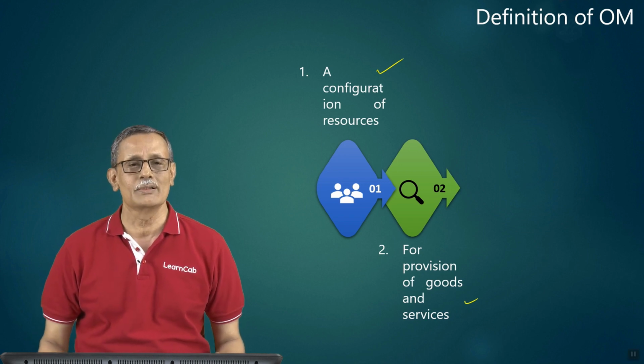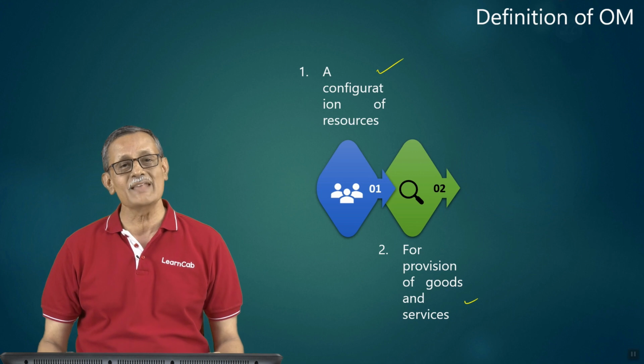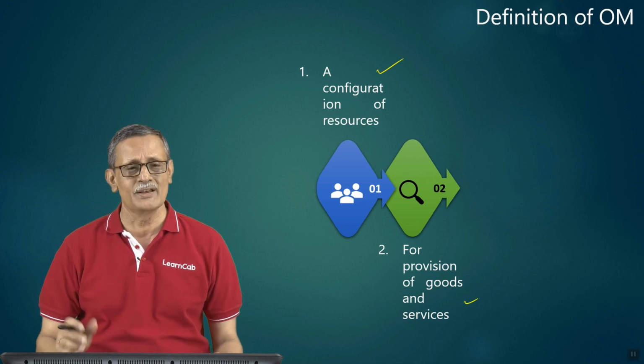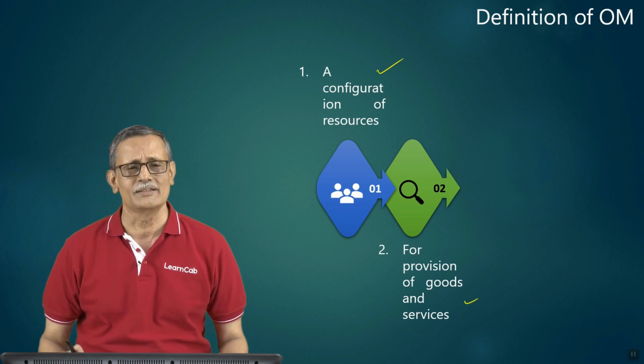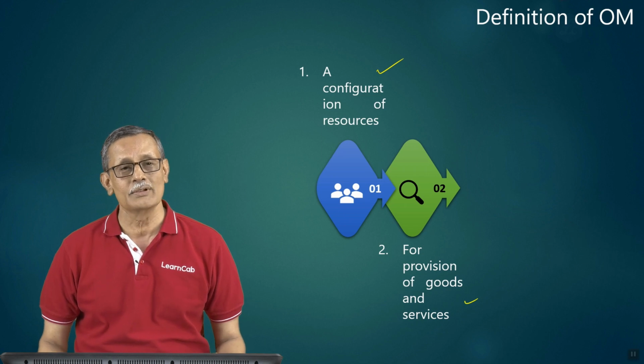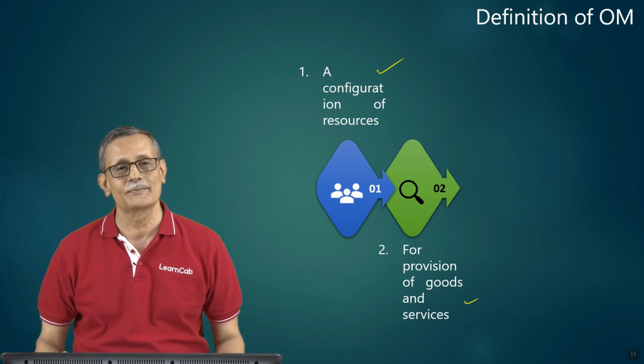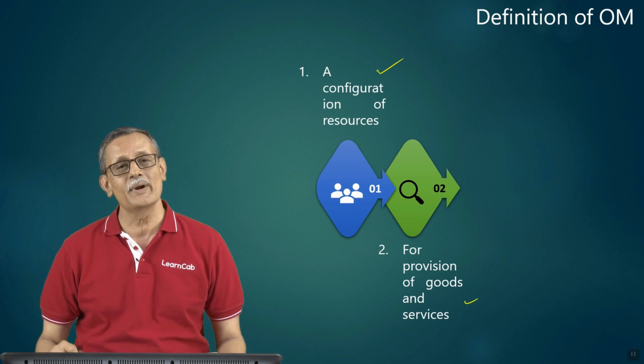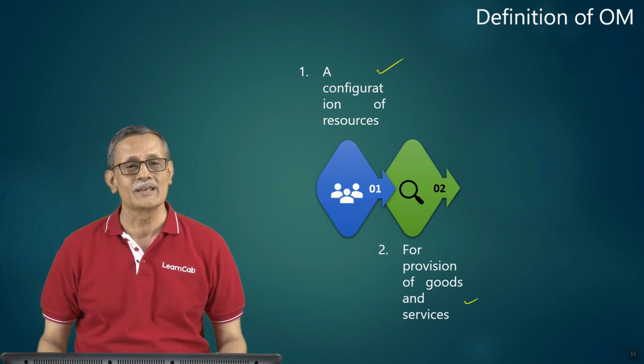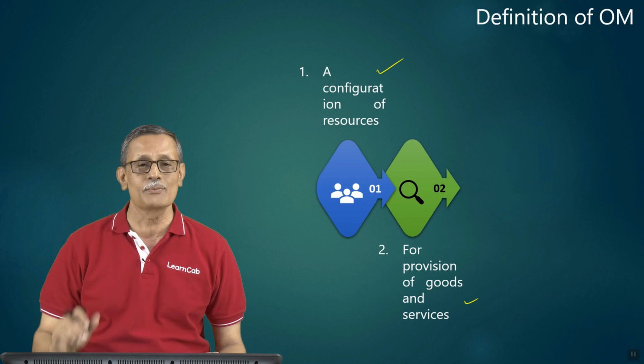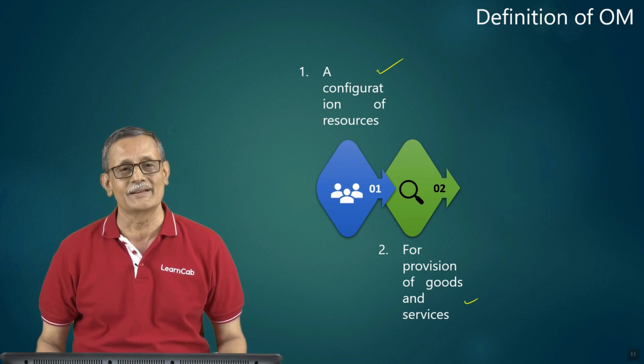Goods involve provision of tangible products like cement, textile, anything like that. Services involve provision of something where there is no tangible product, but there is something useful to the customer, like a taxi or a railway ticket. When you buy a railway ticket, you are given a service, that means you can travel to the destination through that ticket. That is a provision of service.